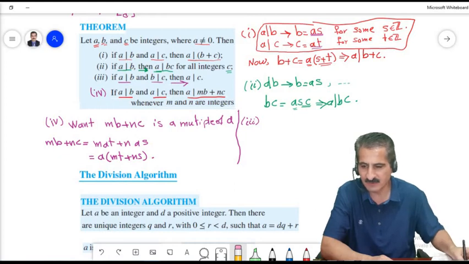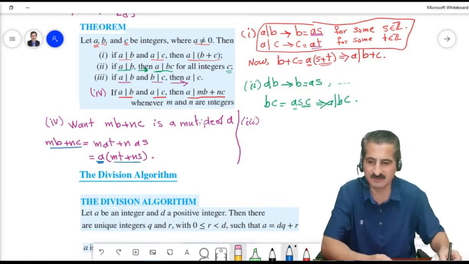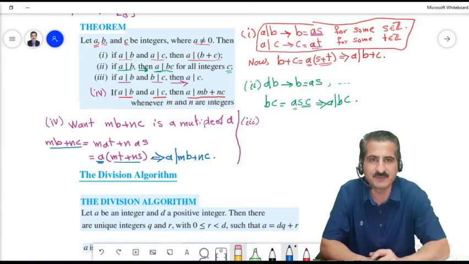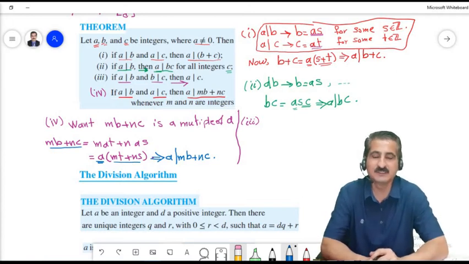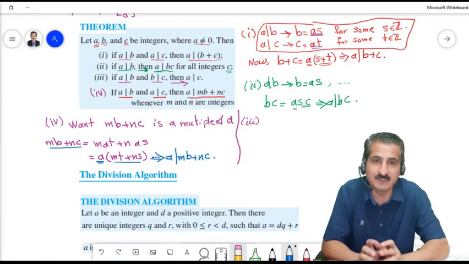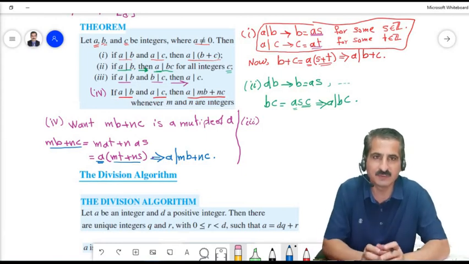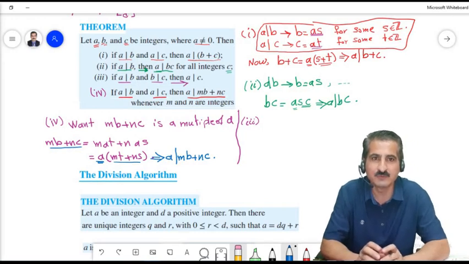So what we got, this number here, is a times another integer, so it is a multiple of a, which means a divides mb plus nc. Especially part 4 is easy, and it is very important when working with integers or in modular arithmetic.